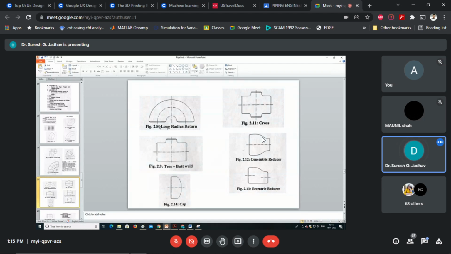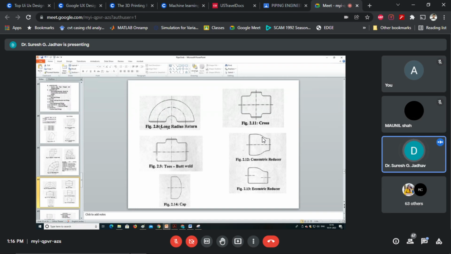Now the next fitting is cross. Cross is a fitting very rarely used in piping industries or in piping systems. There are two types of crosses. One is a straight cross and another is reducing. To reduce the inventories, it is preferred to use tees except where space is a restriction, as in marine piping.